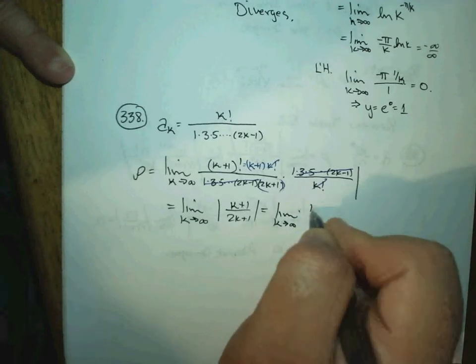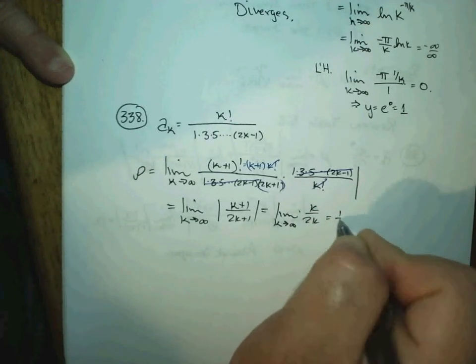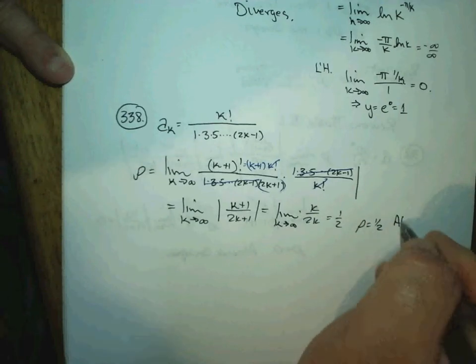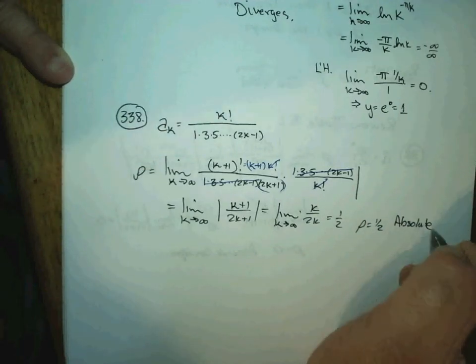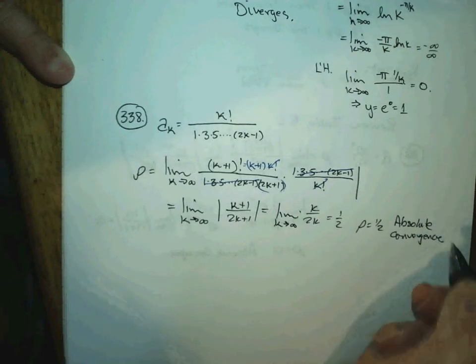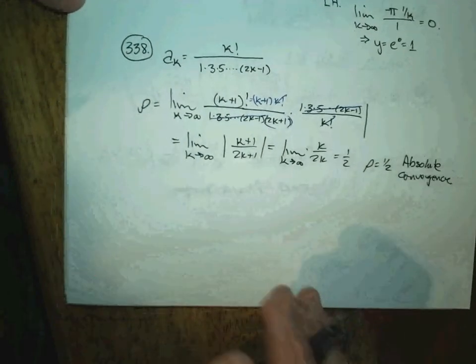And again, when k is going to infinity, that adding the 1 makes no difference. So this is exactly the same as k over 2k, which is a half. Okay, rho equals a half. We have absolute convergence.